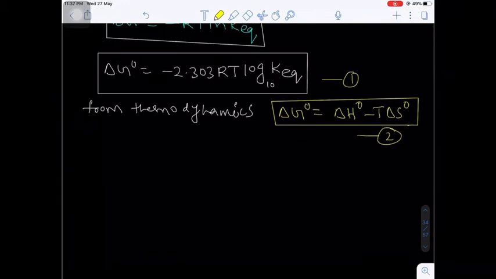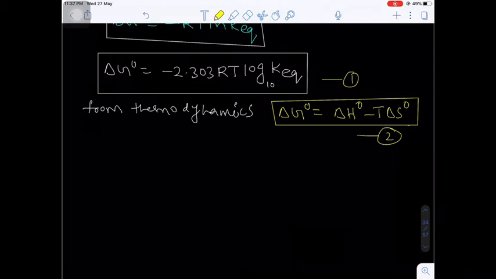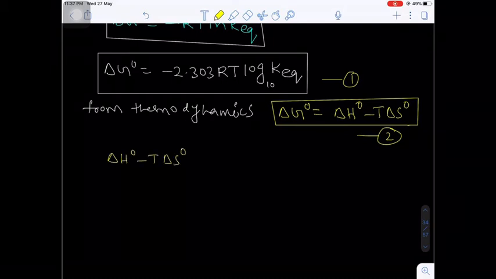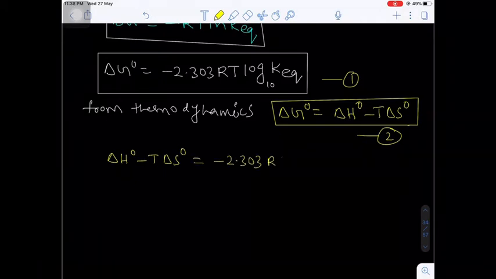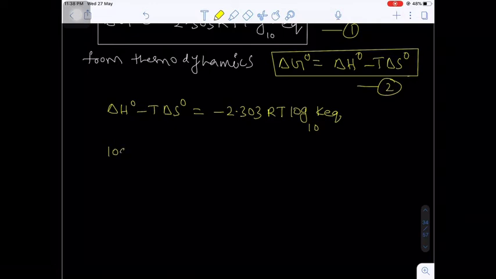Okay, from this expression and from this expression, what I am writing here, delta G naught on the left side is the same, so I am writing delta H naught minus T delta S naught equal to minus 2.303 RT log K equilibrium to the base 10.